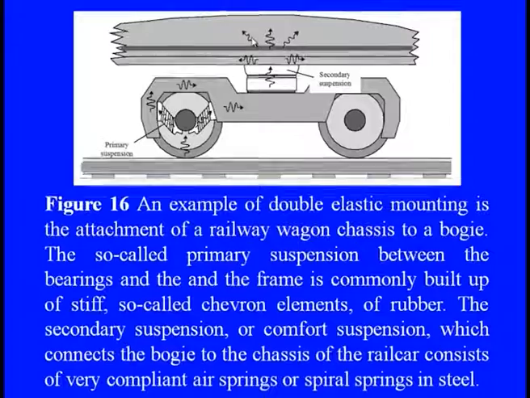So, in between the wagon, or we can say the passenger bogie, and this, the secondary damping is provided. The secondary suspension, sometimes called the comfort suspension, is connected from the bogie to the chassis in the railway coaches.